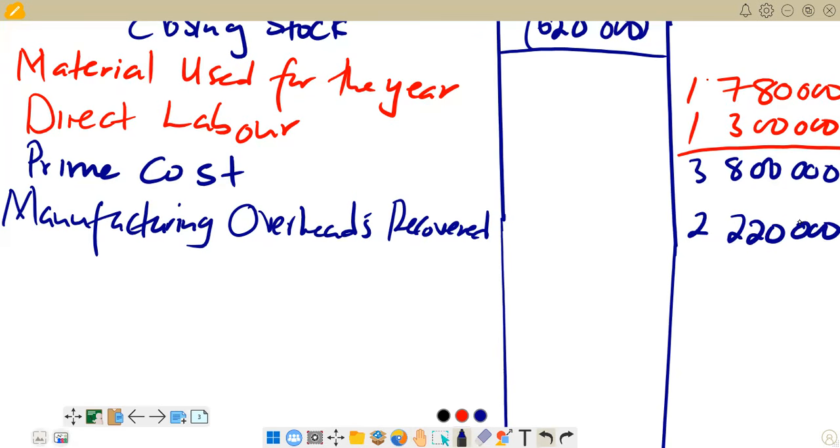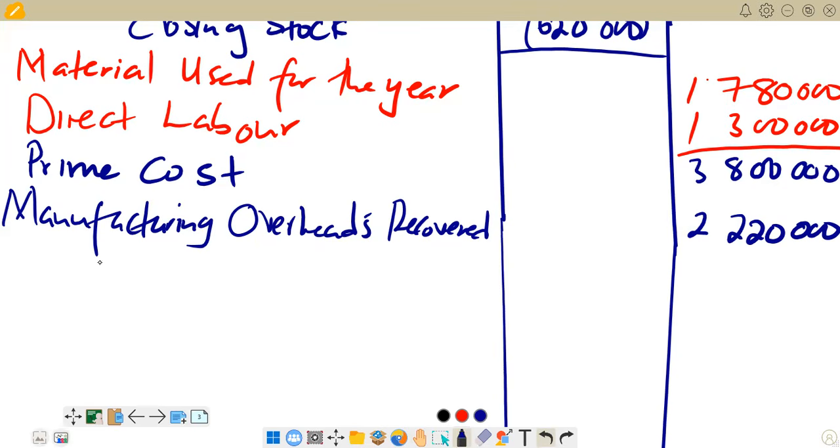Beneath that, we are going to list all the manufacturing overheads that we have. Remember, in this production cost statement, under manufacturing overheads, we are going to list all the fixed costs that we have in the manufacturing process. For example, we have rent, depreciation, rates, and rates there also come there as our fixed cost.